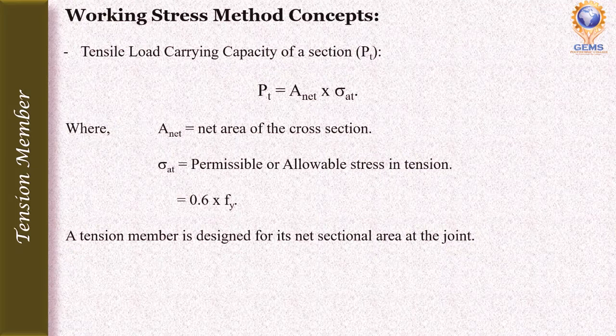The safe tensile load carrying capacity of a member, or the safe tensile strength of a member PT, is equal to the net sectional area into the permissible or allowable stress in tension. So, this is the formula to find the tensile load carrying capacity of a section.